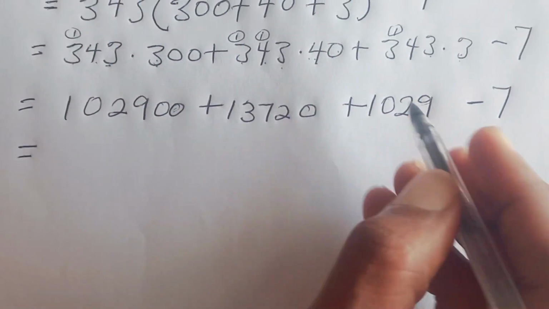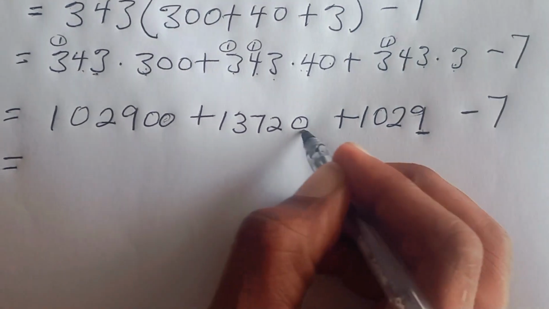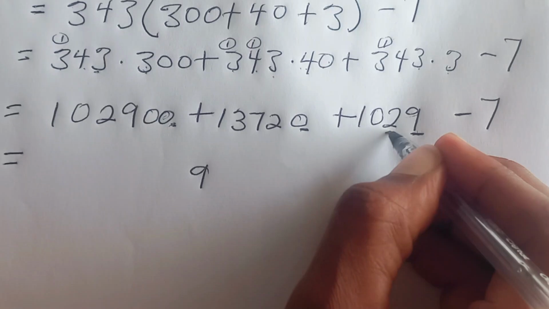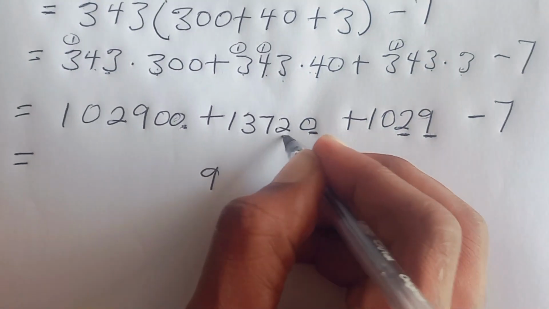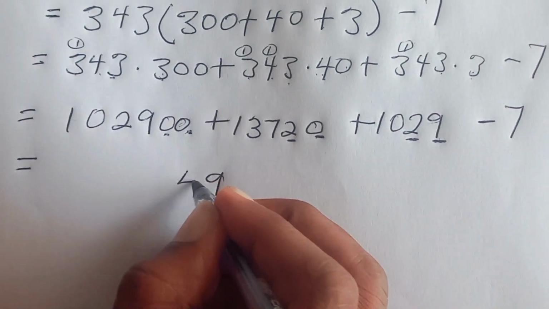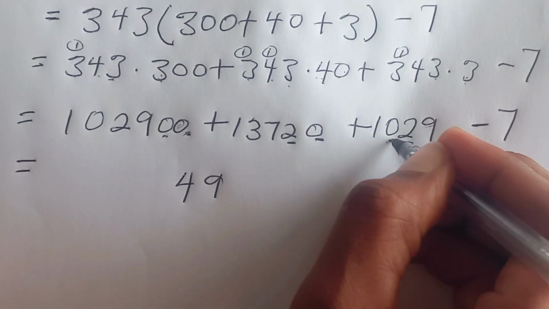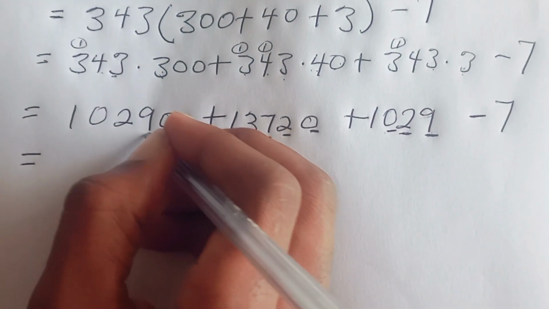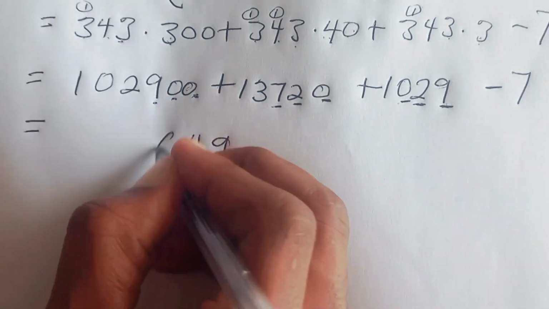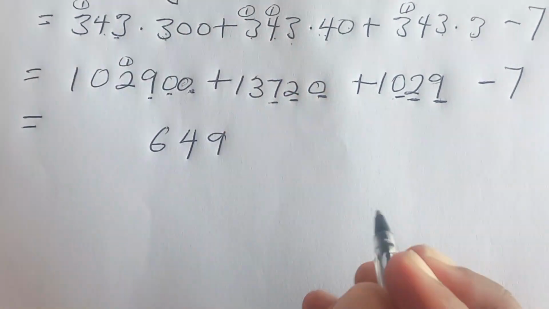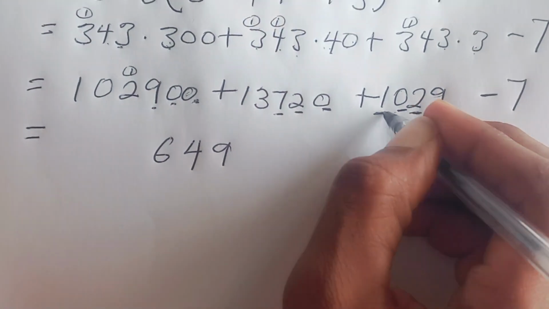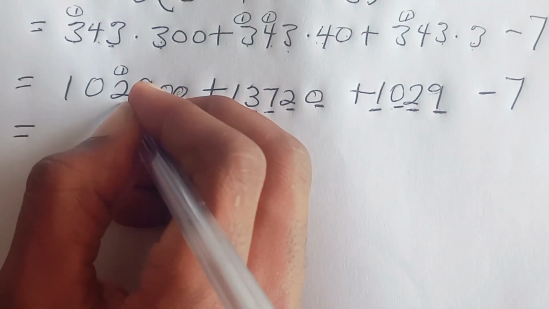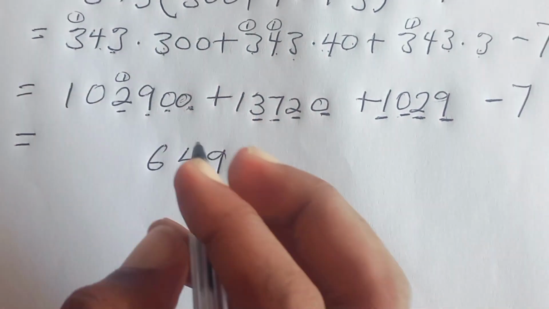So from here, you can say that 9 plus 0 plus 0, we are getting 9. 2 plus 2 is 4 plus 0 is 4. 0 plus 7, which is 7 plus 9, which is 16. So 6, a remainder of 1. 1 plus 3, which is 4, plus 2, which is 6, plus 1 is 7.